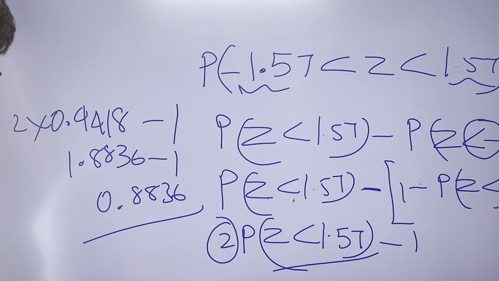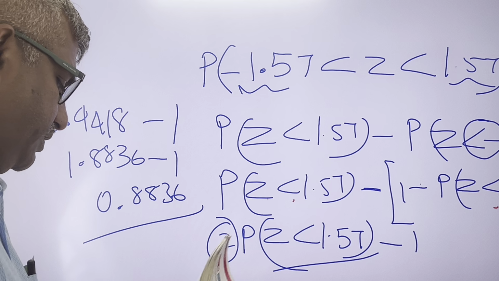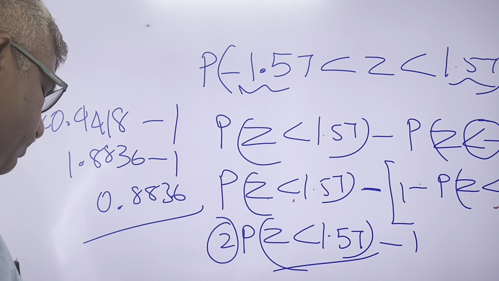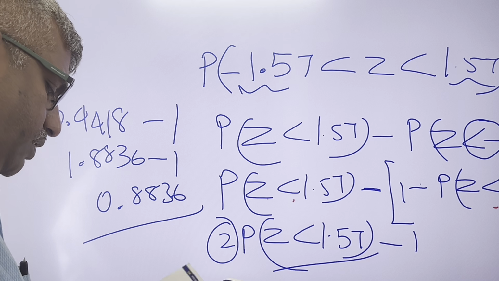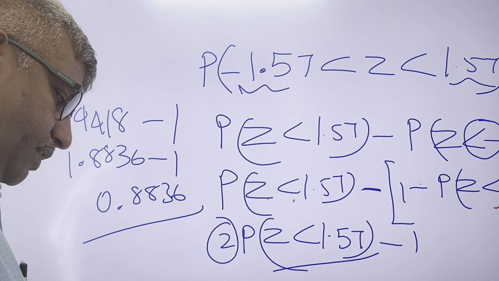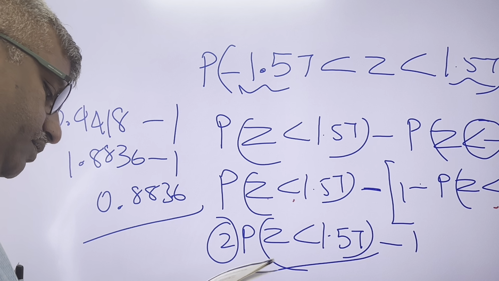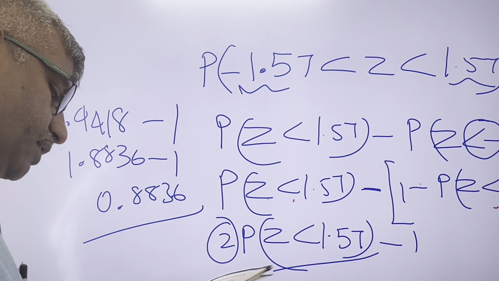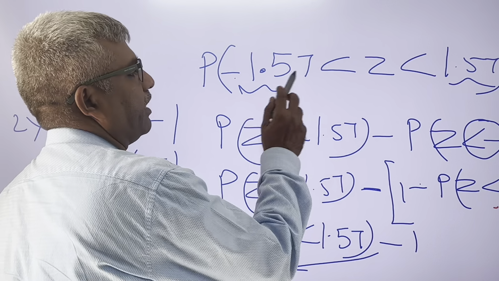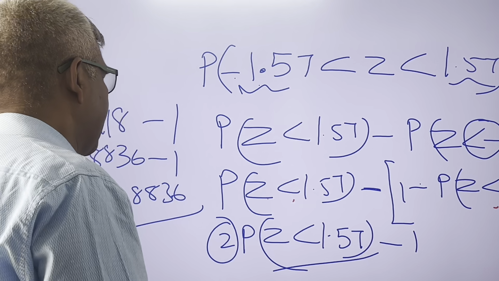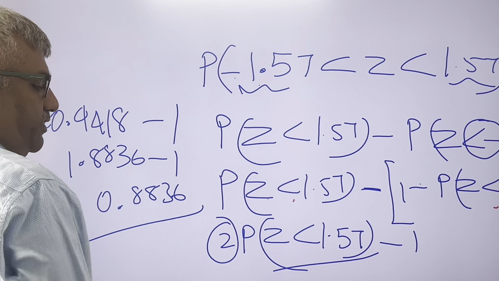Okay, this is the answer. One minute, I will check the answer. Yes, 0.8836. So if it is the same values but a different sign is there, just put this one.